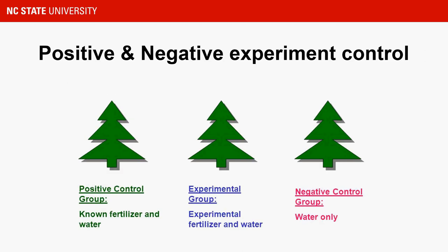One thing that we want to pay attention to within the experiment design is that, in order to make sure that our results can lead to a defined conclusion, we will usually also need to include a positive and a negative experiment control. For example, in one experiment, you want to test one specific fertilizer, whether it can promote the growth of a tree.